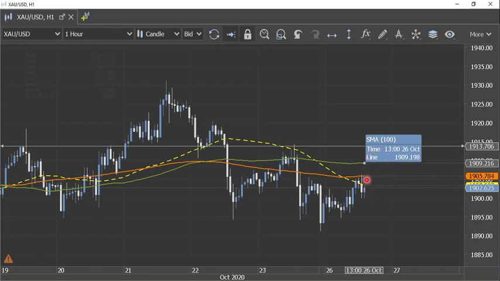So this confluence zone should also be our target area for entry for the short sale trade, and for the stop loss, I think just a little above this swing high, so a stop loss above USD 1920 should be good enough for any trading opportunity in the gold on the short sell side. So that even in case we happen to be wrong, we will be losing only around 1 percentage point.